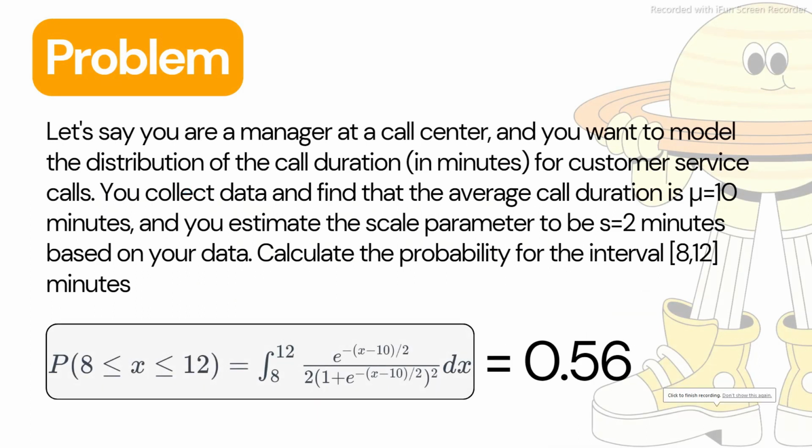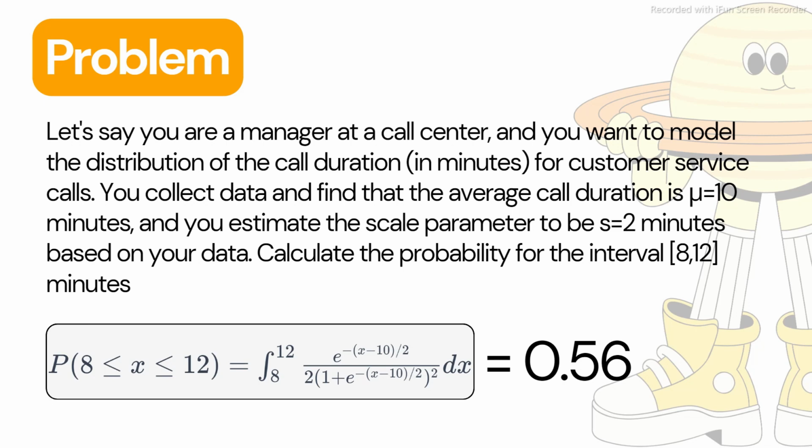Let's say you are a manager at a call center and you want to model the distribution of call duration for customer service calls. You collect the data and find that the average call duration nu is equal to 10 minutes, and you estimate the scale parameter to be s equal to 2 minutes based on your data.